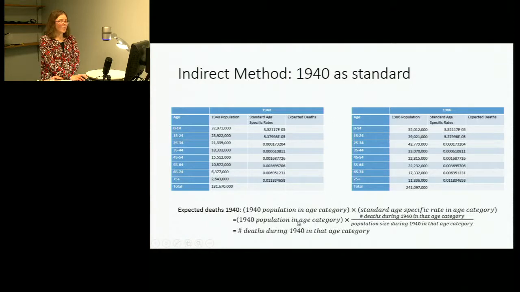So because of that, once again, we're taking the population in 1940 times the number of deaths in 1940 in that age group divided by the population size in 1940. Again, these cancel out, and the expected number of deaths are the same as the observed number for that year. And this is only because we're using 1940 as the standard.